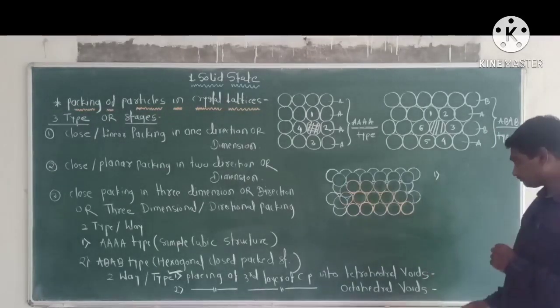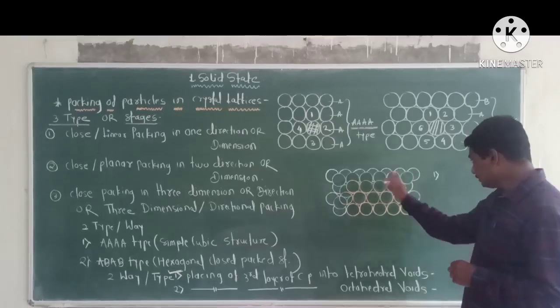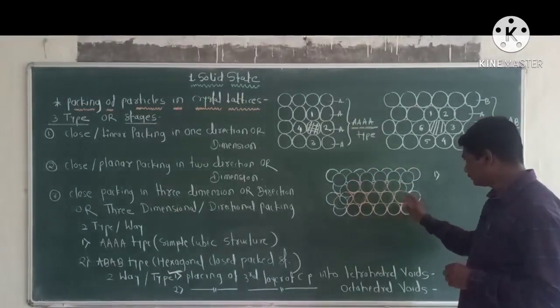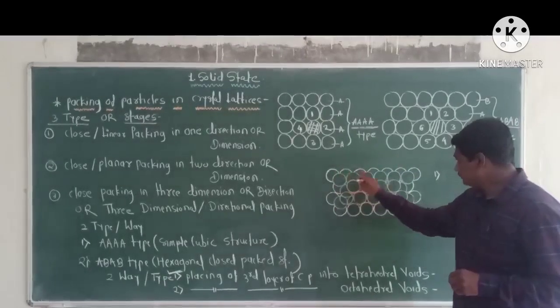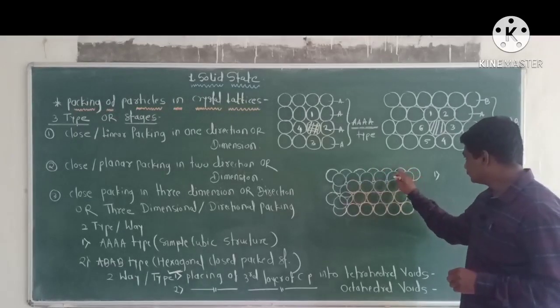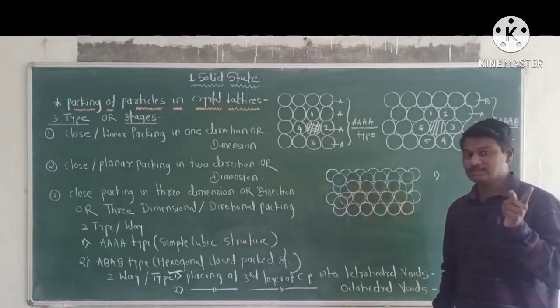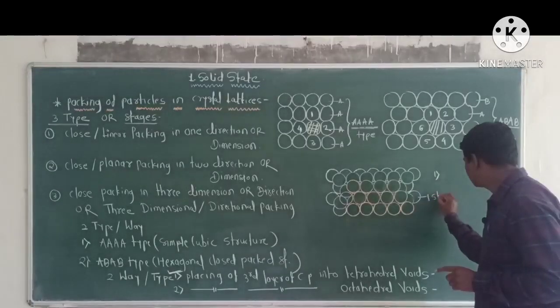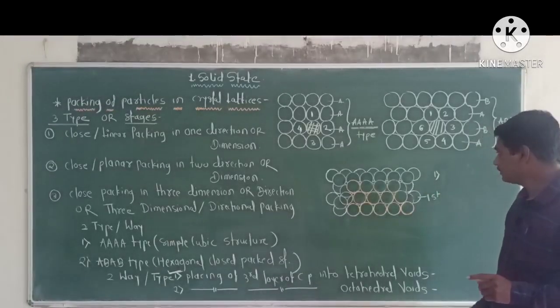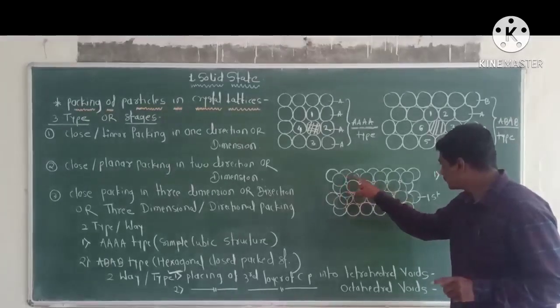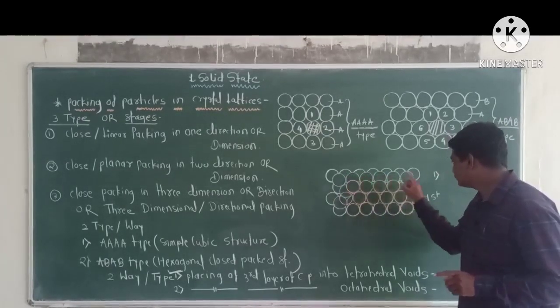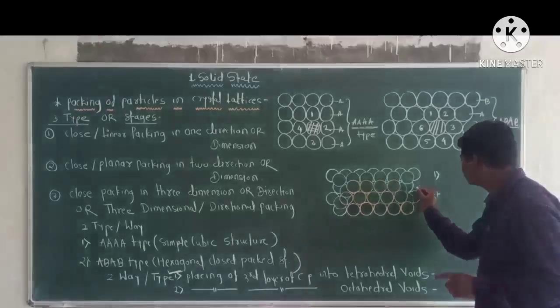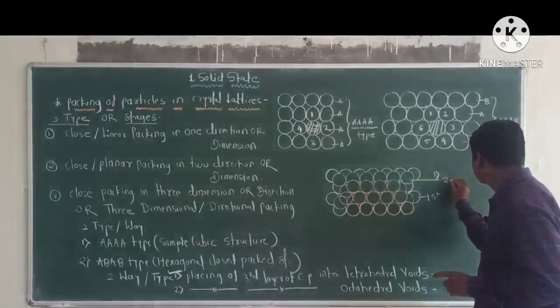Now let's see in this diagram, these white constituent particles are the first layer. This blue color constituent particle is the second layer.